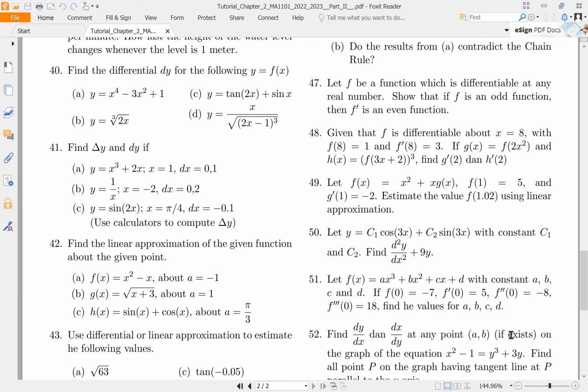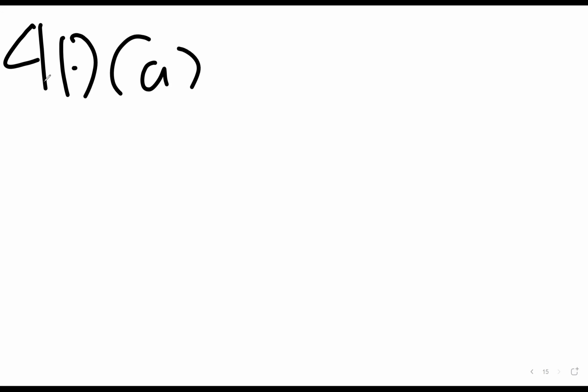So we have to know what is the difference between delta y and dy at a certain point. In this case, if I consider 41a, we are given a point x equals 1.